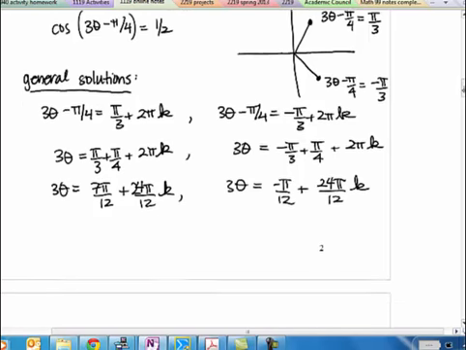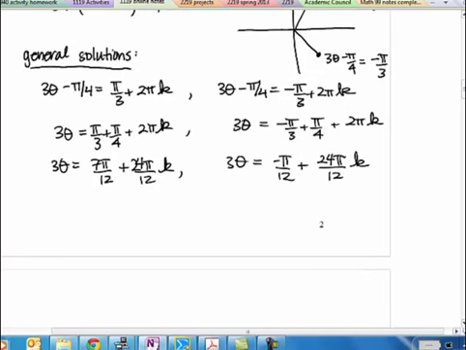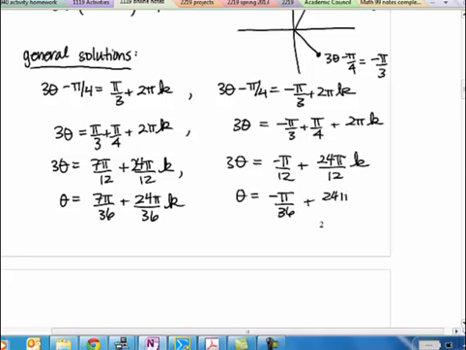And finally, if I divide everything by 3, I'll have theta would be 7 pi over 36 plus 24 pi over 36 times k. And on this side, I would have theta equals negative pi over 36 plus 24 pi over 36 times k. And again, I could reduce this 24 pi over 36, but I want a common denominator so that I can add these multiples easily.